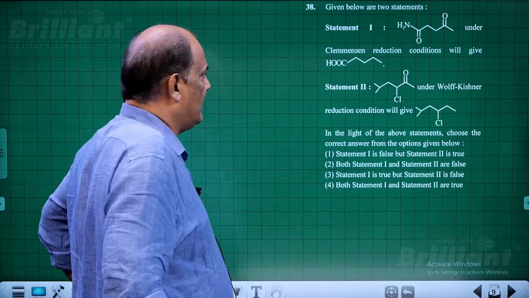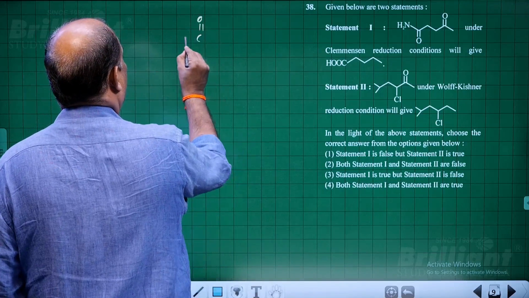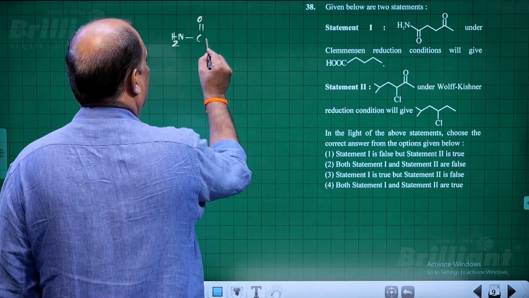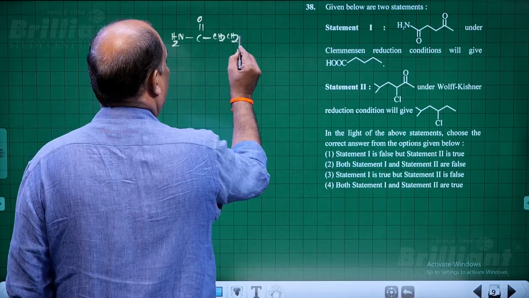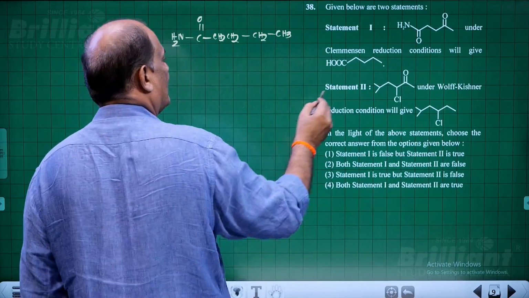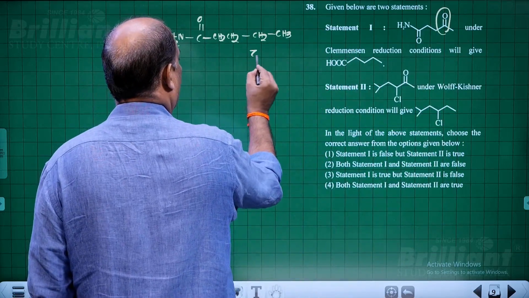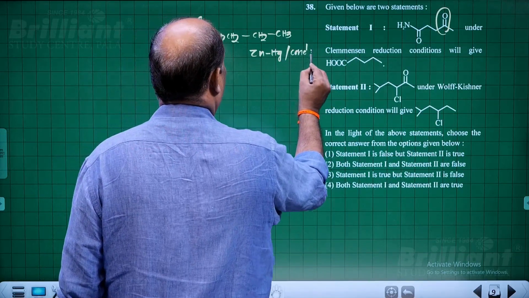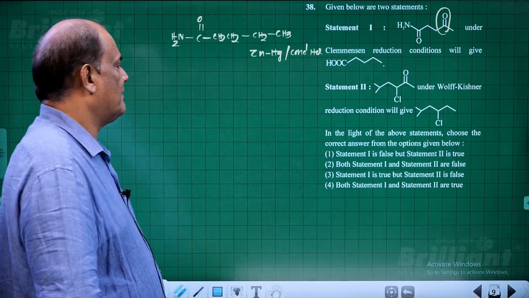Clemmensen reduction is zinc amalgam with concentrated HCl. Clemmensen reduction conditions will give this.